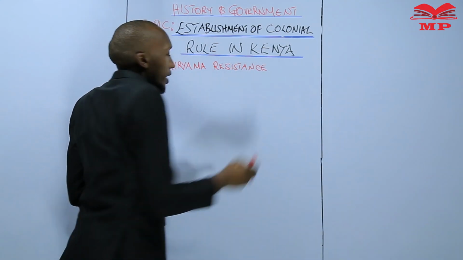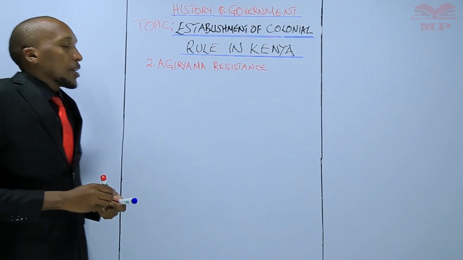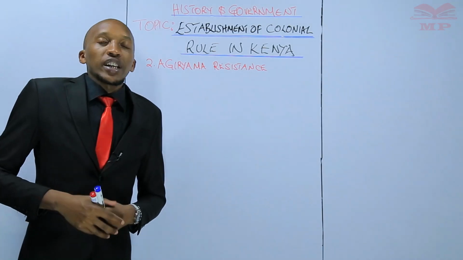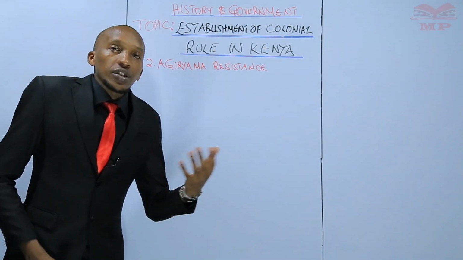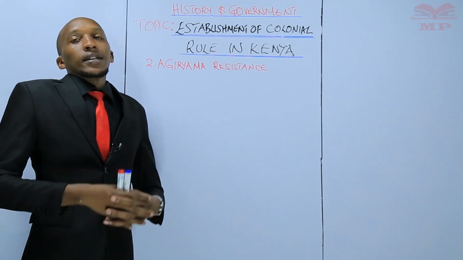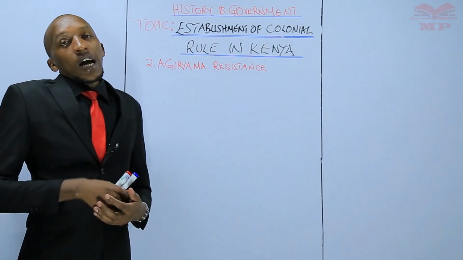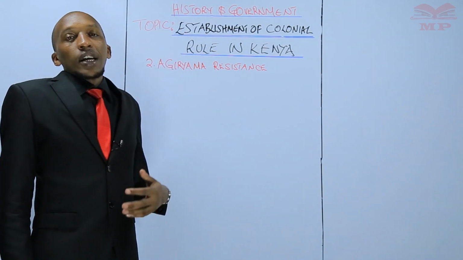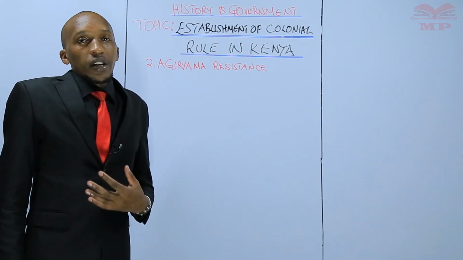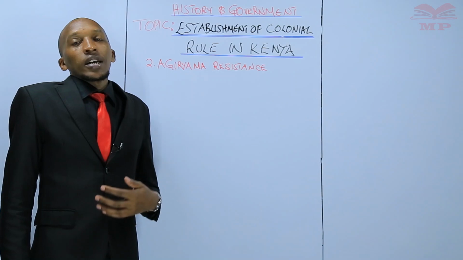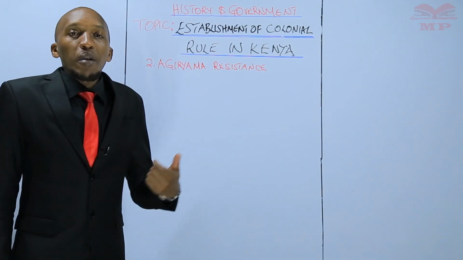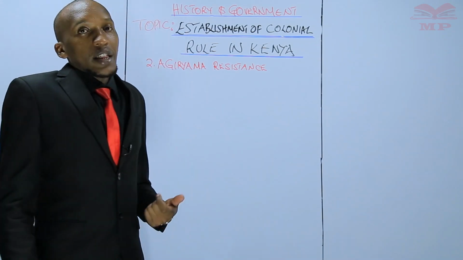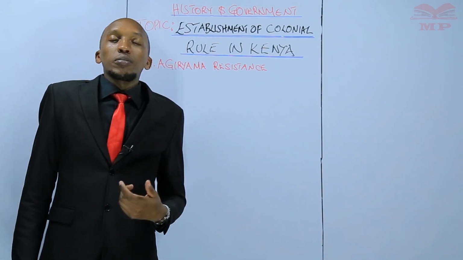In our last lesson, we were able to learn about how they started to resist the British, how they fought against the British, and the different activities that they undertook as part of the resistance. And remember, I mentioned that their resistance started by them boycotting or refusing to offer their labor in the plantations that had been established by the British.